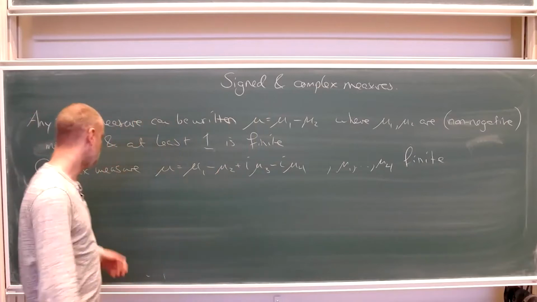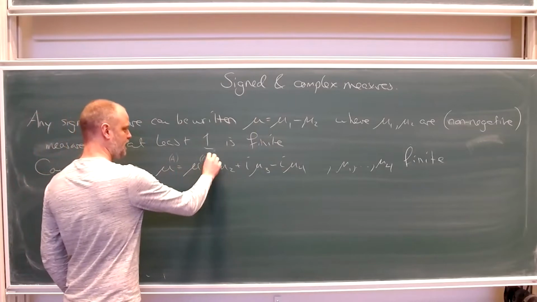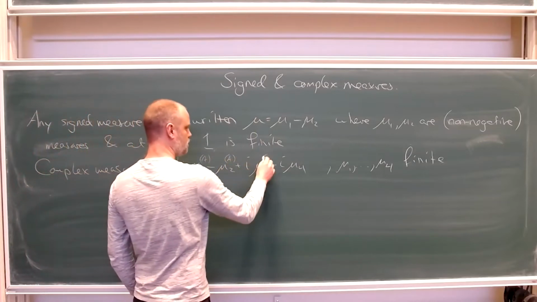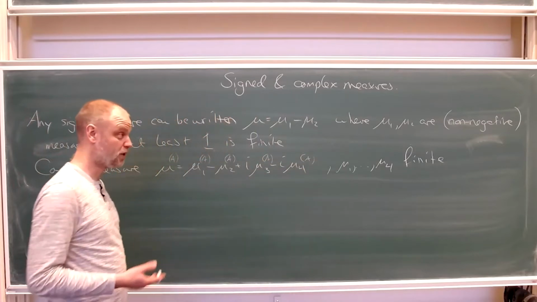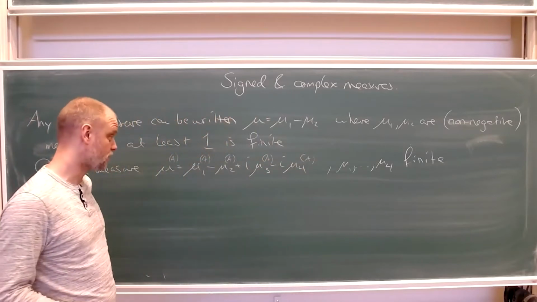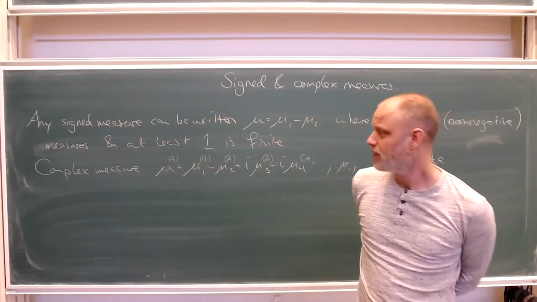So this means if you insert a set A here, instead of getting a non-negative number as we got before, you just get a complex number. So there's nothing strange to it.